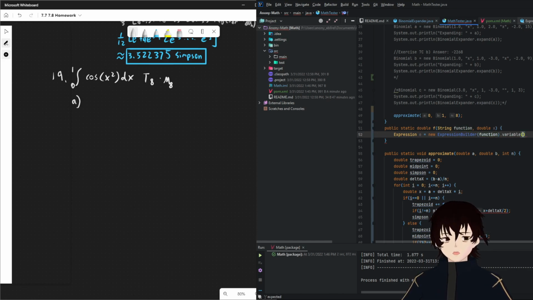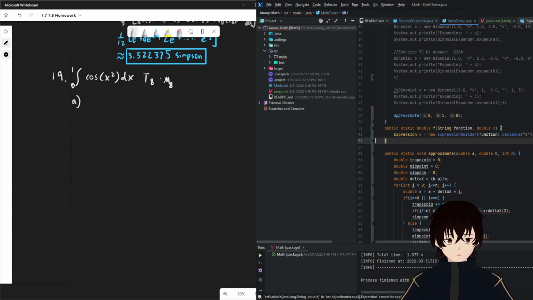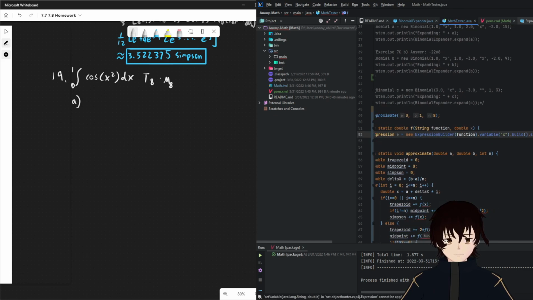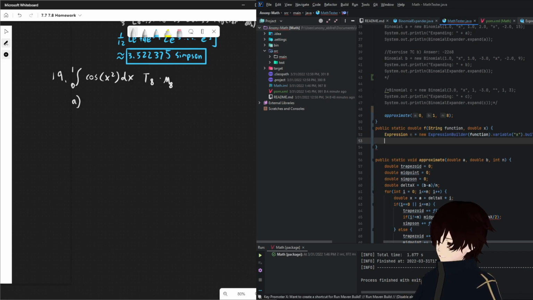The variables are going to be just x, dot build, dot set variable. Let's set x to x, and return e.evaluate.